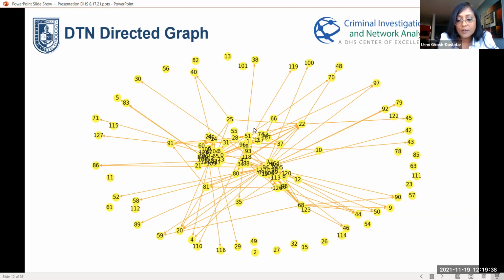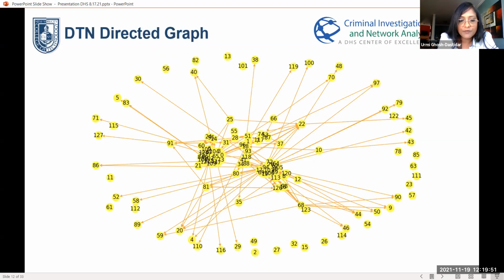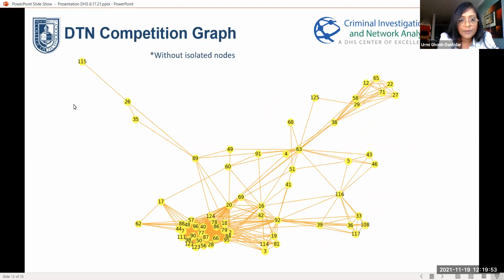And from there, we built an undirected network. The way we built it, for example, it's very hard to go back, sorry, to the original work and find the nodes. But if you look here, 26 and 35 are connected by an edge.